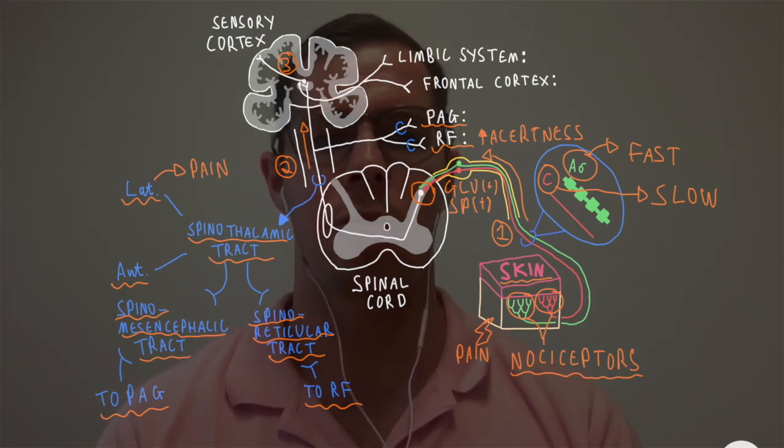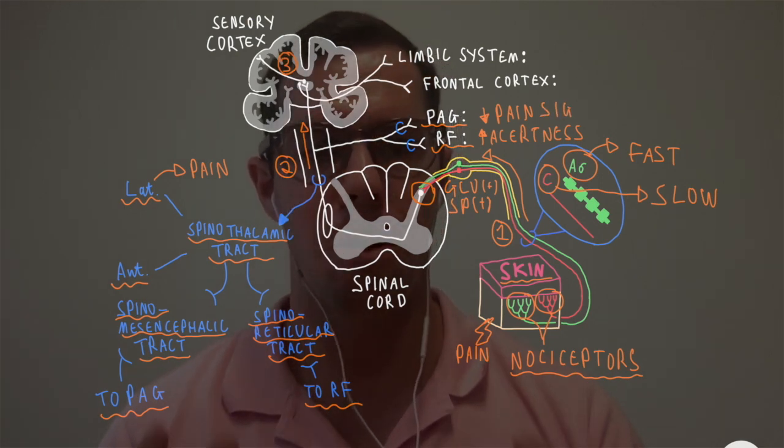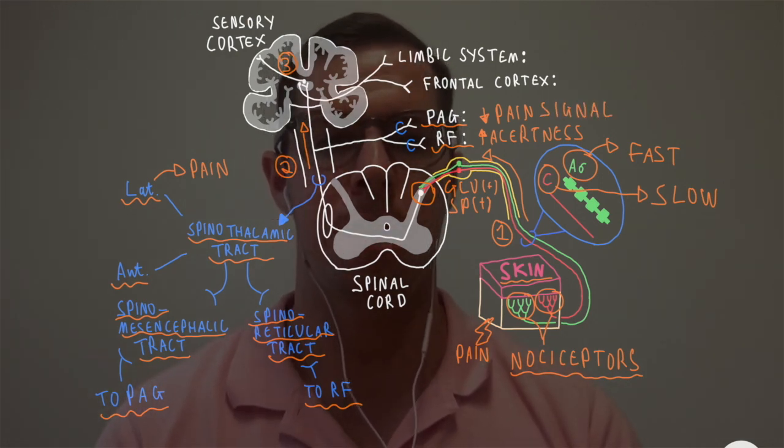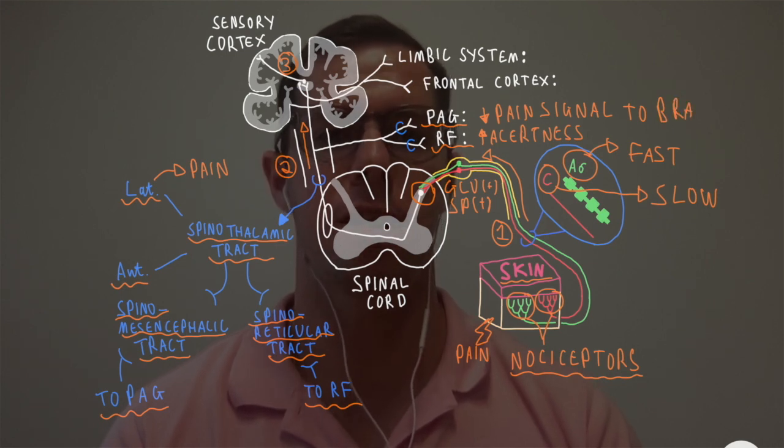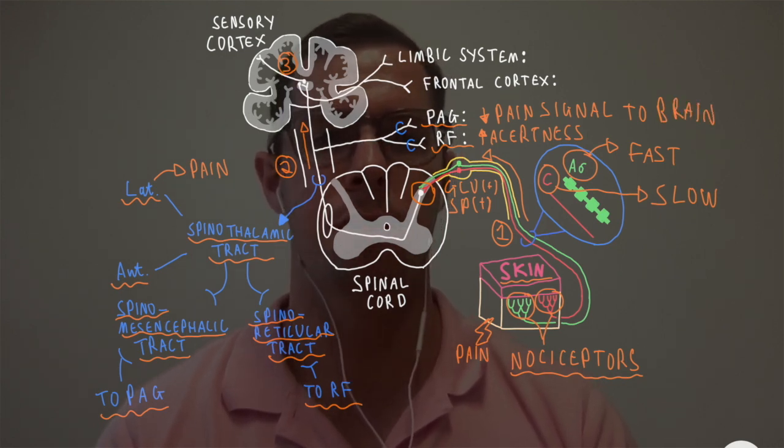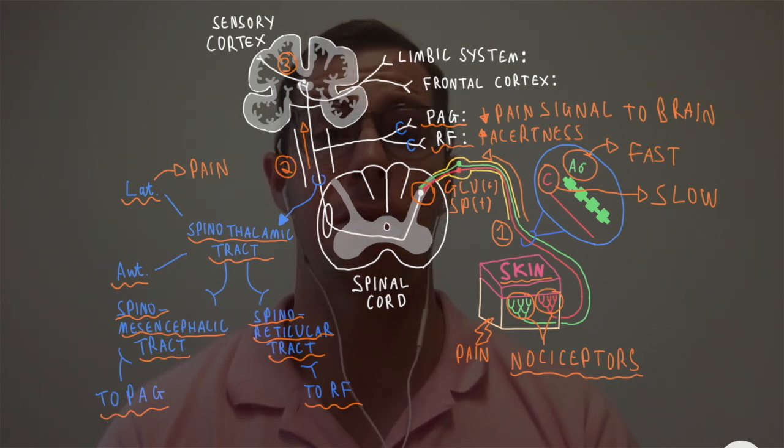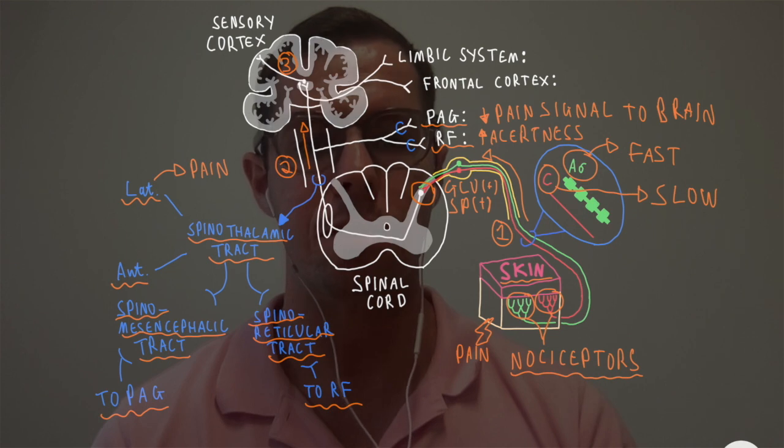Activation of the periaqueductal grey causes some neurotransmitters and endogenously released opiates to be released into the spinal cord, which dampen or reduce the pain signal sent back up to the brain by acting to inhibit the firing of first and second order neurons. The descending modulation of pain plays a part in our adaptation to pain.